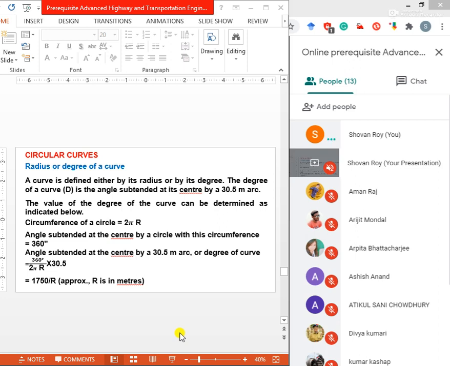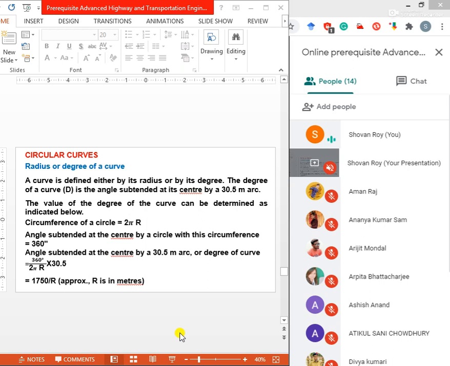The angle subtended at the center by a 30.5 meter arc, or degree of curve, should be 360 degrees by 2 pi r, that is our circumference, into the arc length 30.5. So 360 degrees by 2 pi r into 30.5 is 1750 by r. This is the angle subtended at the center by a 30.5 meter arc.